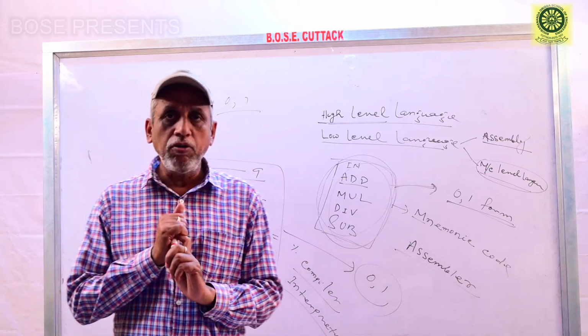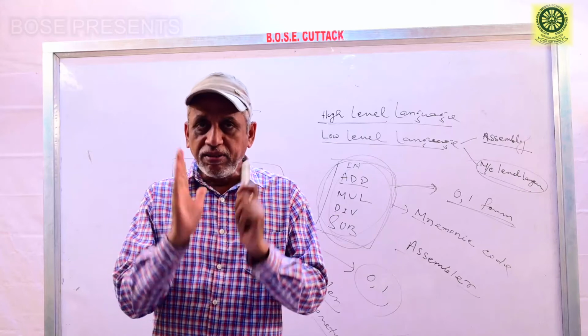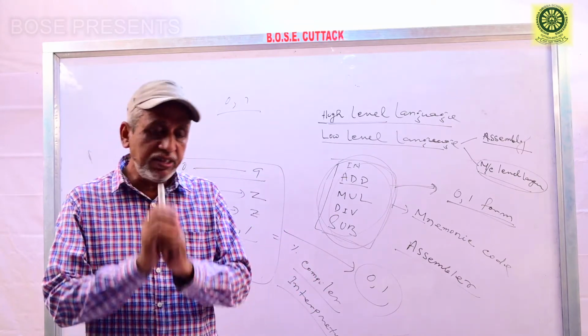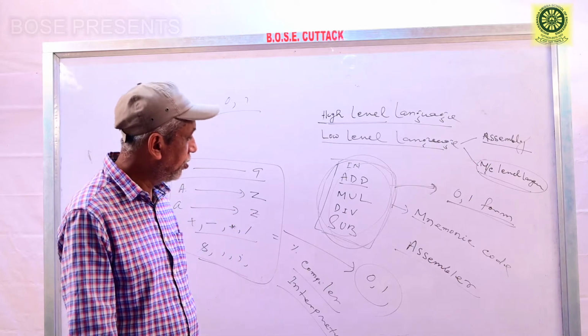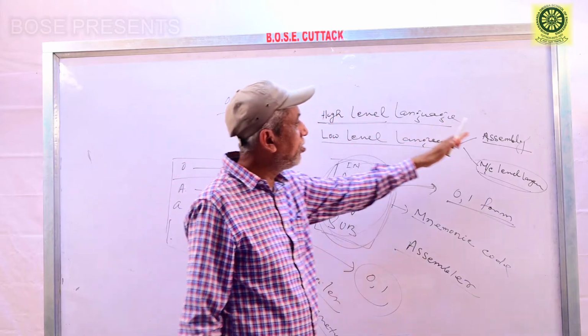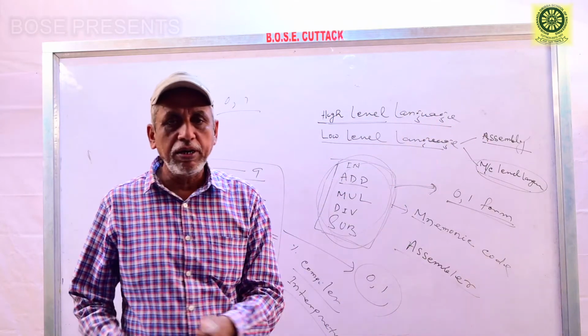So finally we conclude that a translator is a system software which converts a particular language, it may be high level language or assembly language, to machine understandable language.